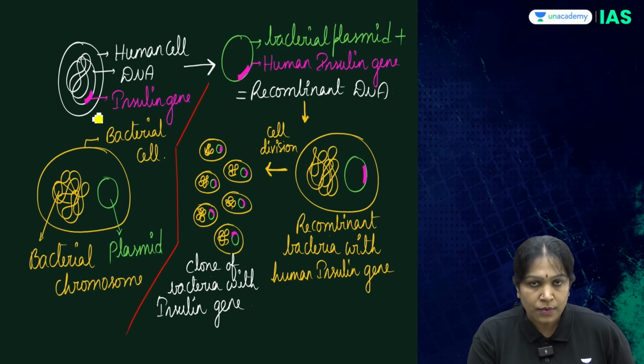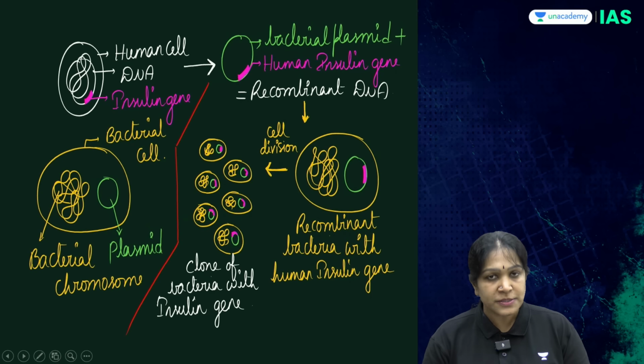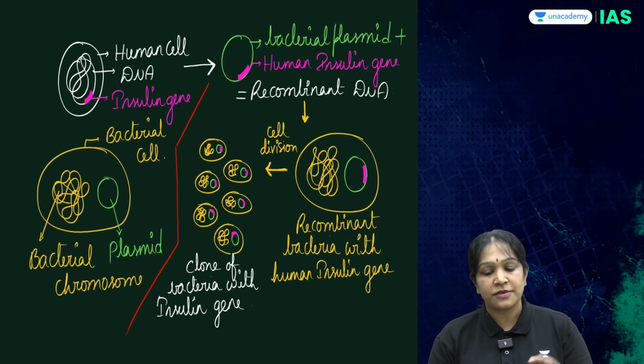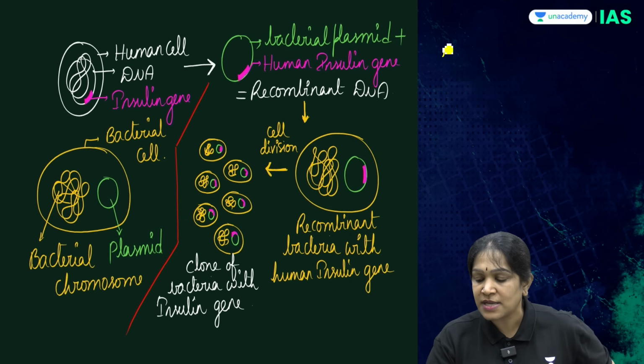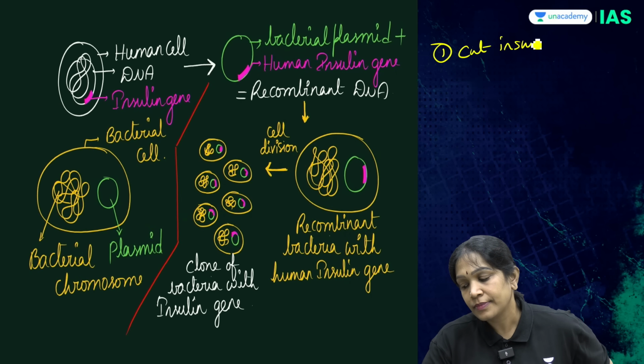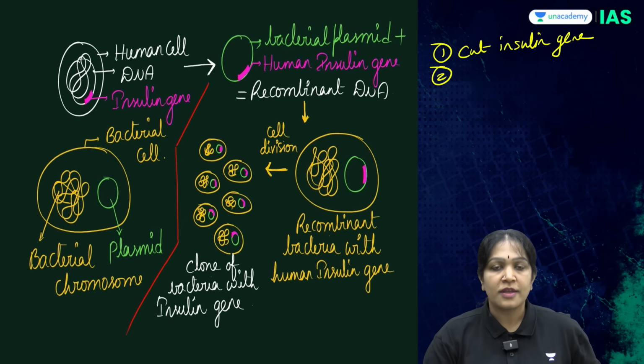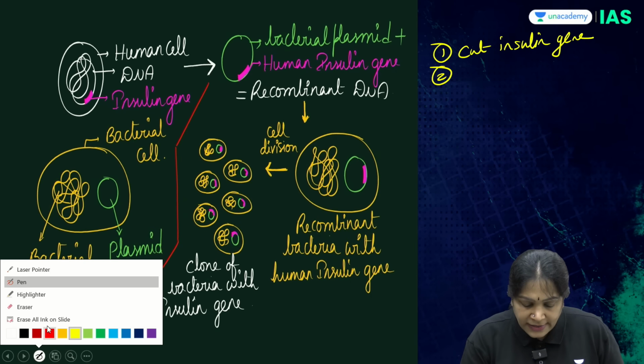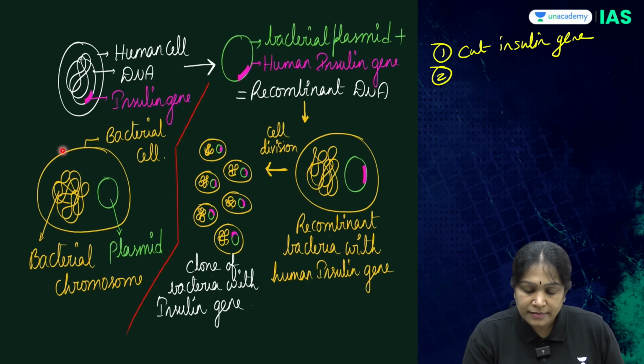Now, in the first step of this procedure, what we do is, we cut the insulin gene. Step 1: cut the insulin gene. Step 2. For step 2, look at this cell. This is a bacterial cell.